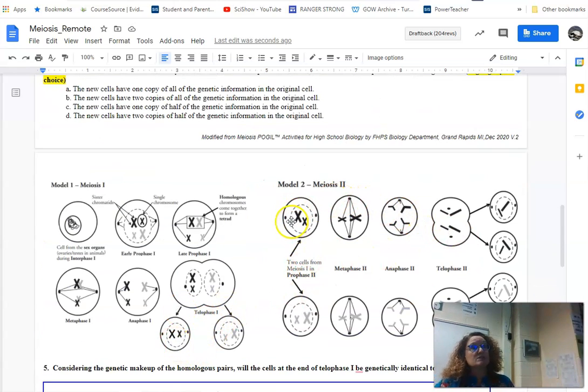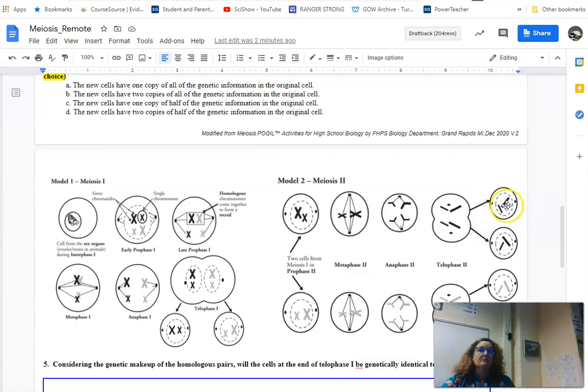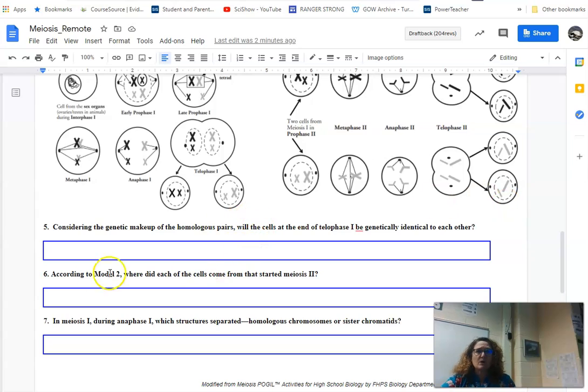So this becomes this cell, this becomes this cell, and they go through a second division. These then are going to be your egg and your sperm. These are what we were seeing in the video on Friday, where if this is the egg, it was fertilized by a sperm from the dad. Or if this is the sperm, it was fertilizing the egg of the mom. It could be either one. They're both made in the same process.